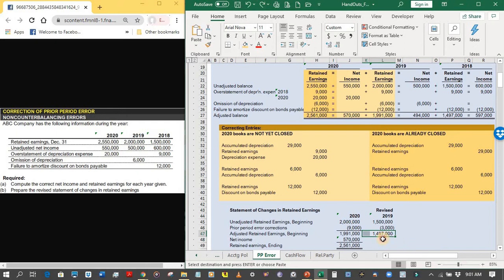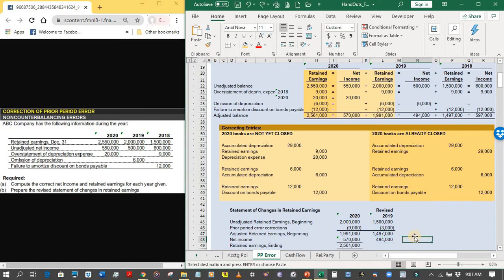Then let's add the net income in 2019. So based on our table, the net income that is added to 1,497,000 is the adjusted net income of 494,000 pesos. So the amount to be added is 494,000 pesos.